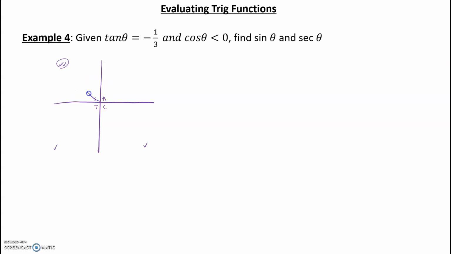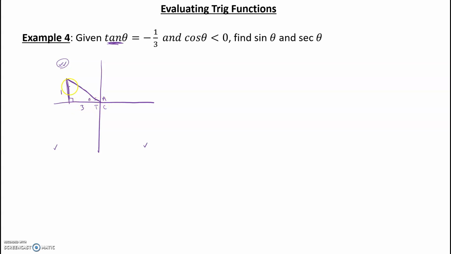So here's my angle. It doesn't really matter where we're at right now. Here's my theta. And we're going to go ahead and drop it down. So now you know tangent is opposite over adjacent. Opposite is 1, adjacent is 3. Now the negative goes with what quadrant we're in.